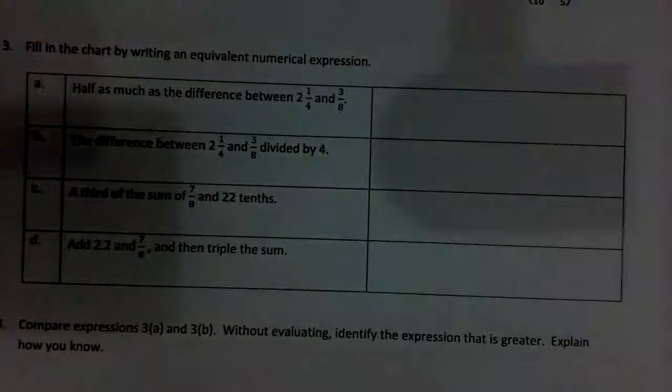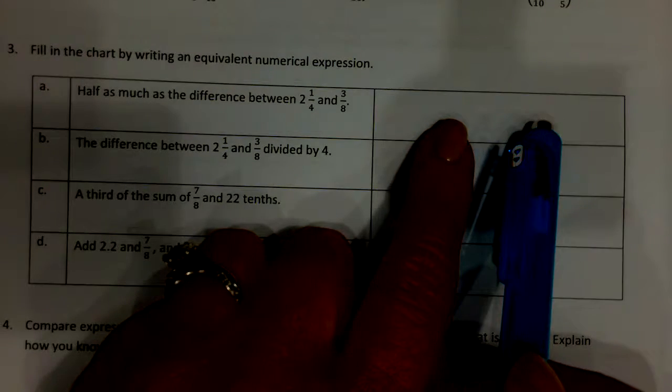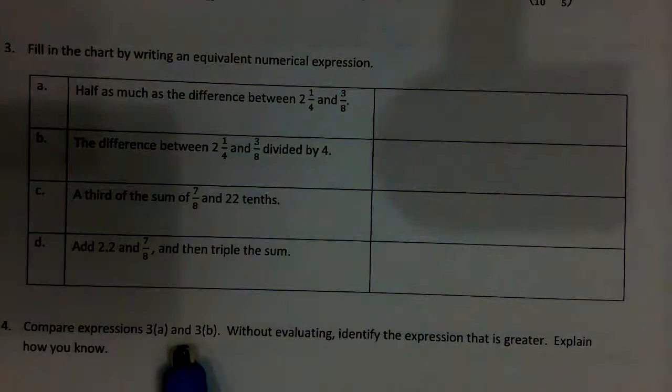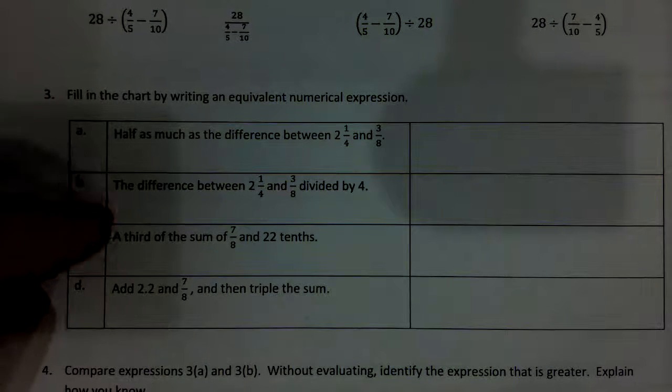Then in problem 3, you are filling in the chart by writing the equivalent numerical expression. So you're translating the words into the expression for each one of those. Then it says compare 3a and 3b. Compare the two. Now, without solving them, identify the expression that is greater. How do you know something's greater?